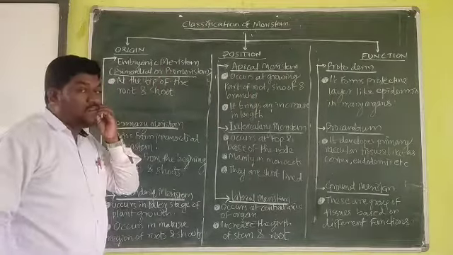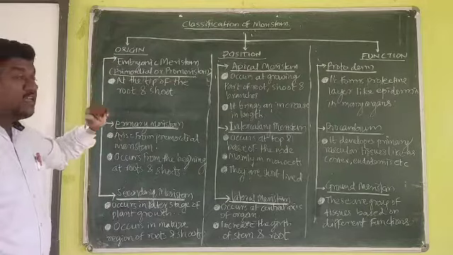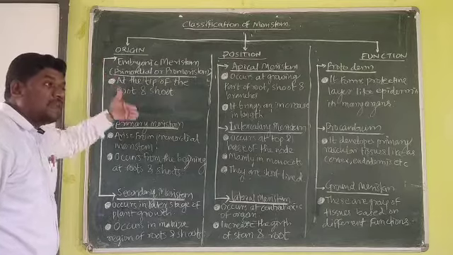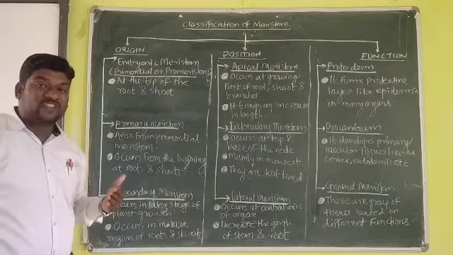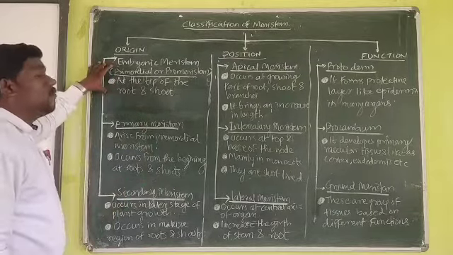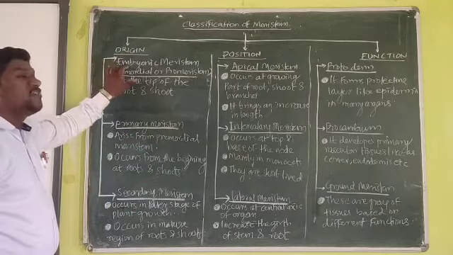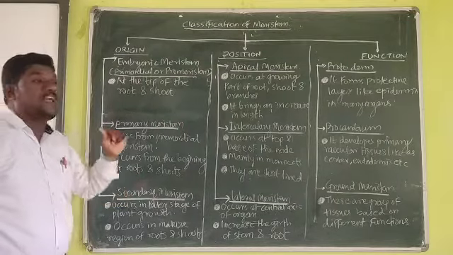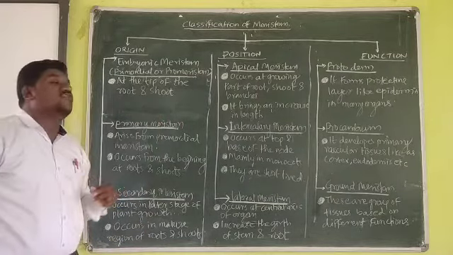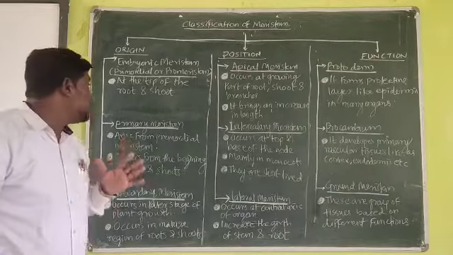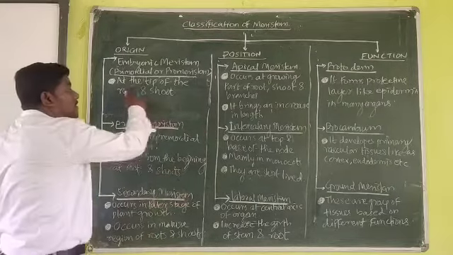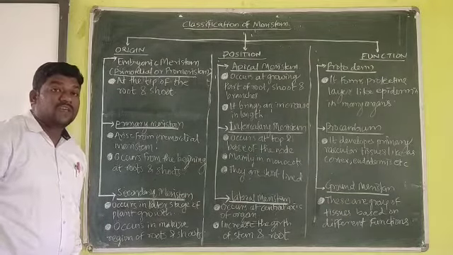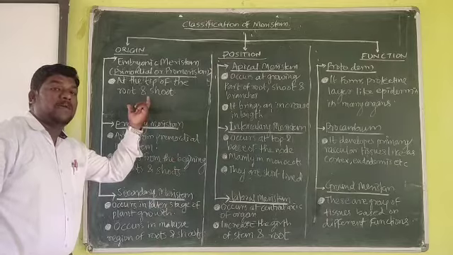Okay, now we will look from the starting. Okay, so in origin the first stage, origin means the formation. So on the basis of origin, the first meristem is the embryonic meristem. It is also called as primordial meristem and it is also called as promeristem. Okay, so at the tip of the root and shoot, where is embryonic meristem found?